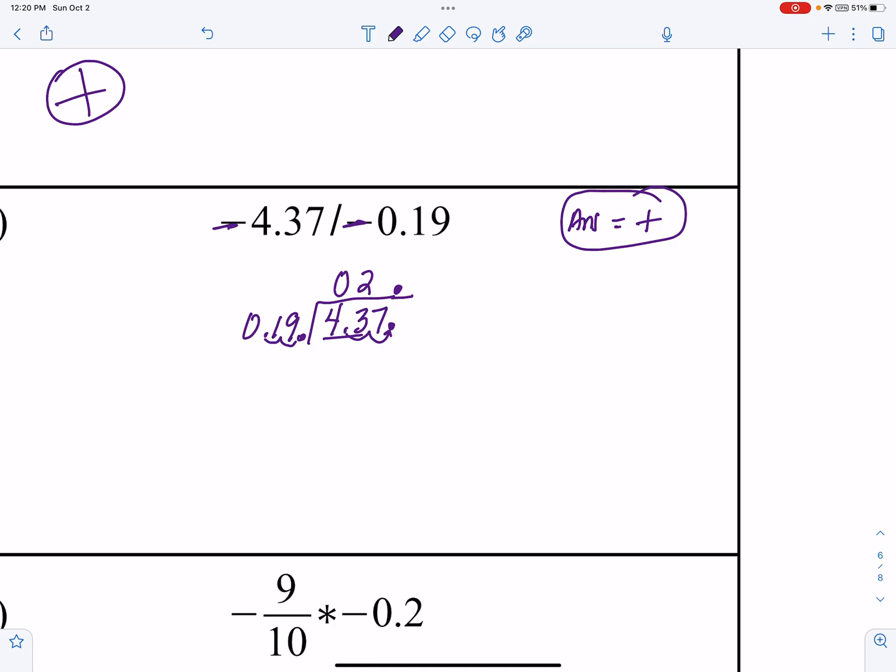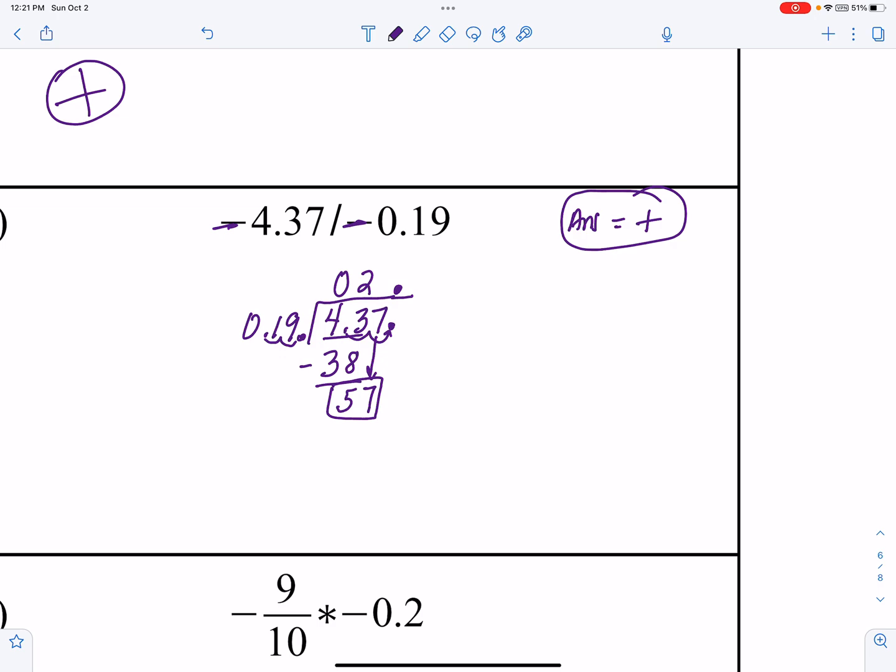Double 19 is going to be 38. So that works. And then if we subtract, we have a difference of 5. We're going to bring down the 7. I like boxing it just to make it stand out there. 19 times what gets me close to 57?